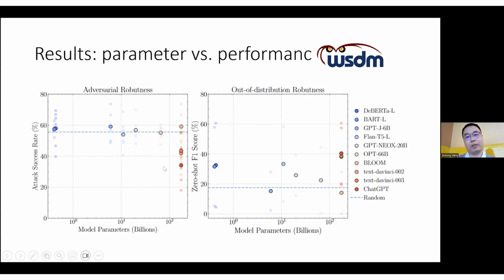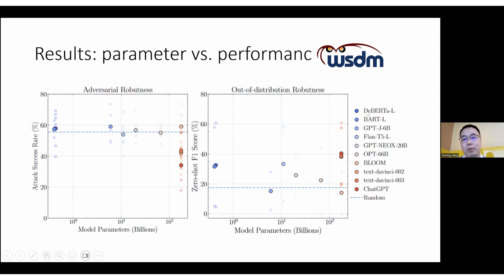You can see from this figure that the warmest part, ChatGPT, goes here and goes here in these two figures. Maybe clue one is that for adversarial robustness, ChatGPT is very robust, right? Because it achieves almost the best performance compared with other models. And for OOD, it's not that bad. Yeah, it's actually the first impression.